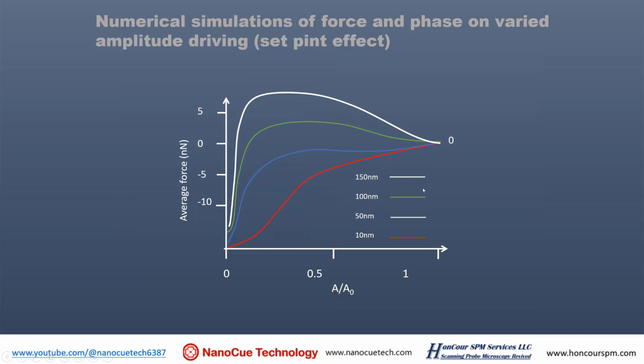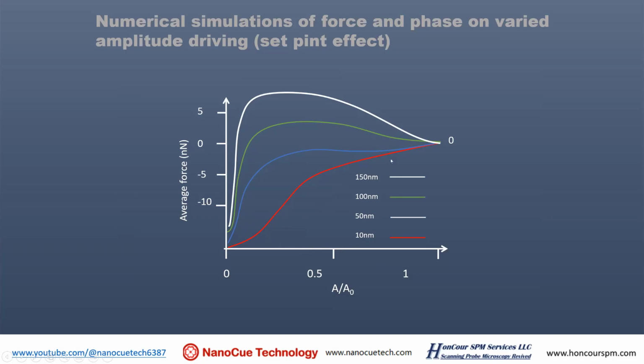That if you use a small amplitude, in this case the red line, in the large range of the set point, you're experiencing attractive force or negative force, and if you oscillate the tip at a higher amplitude, in this case 50 nanometer, 100 nanometer, when you manipulate the set point, the force increases. The higher the amplitude, the more the force will increase.